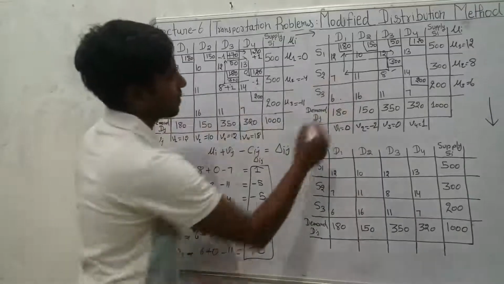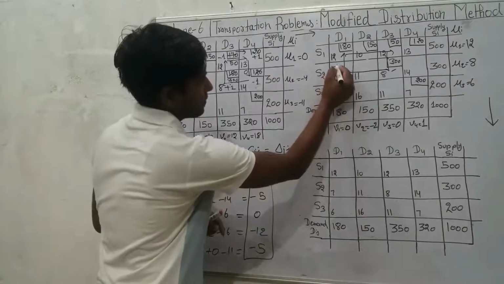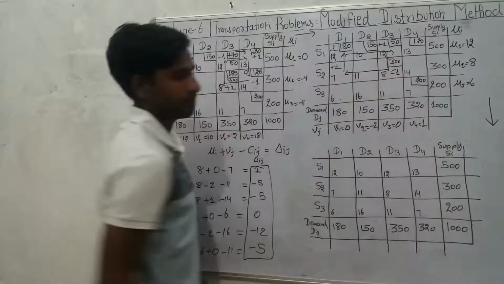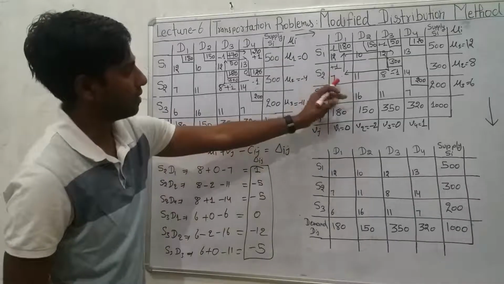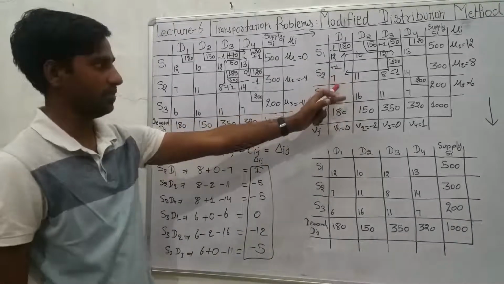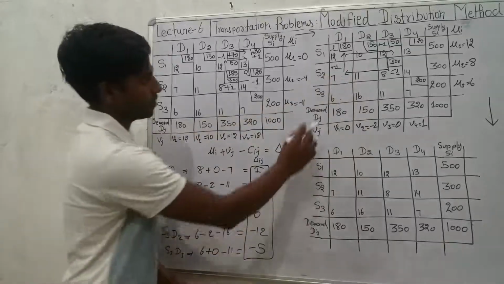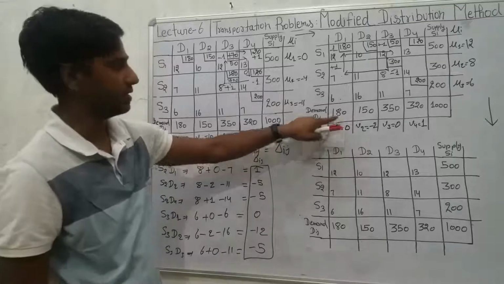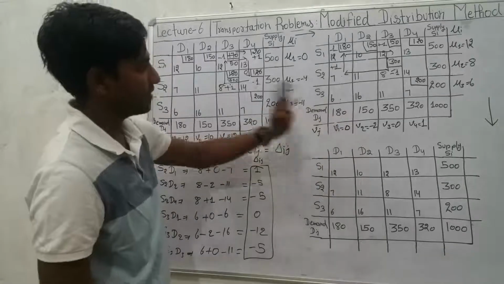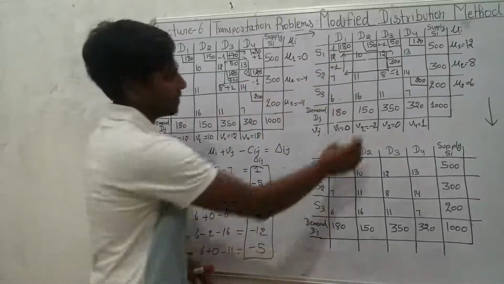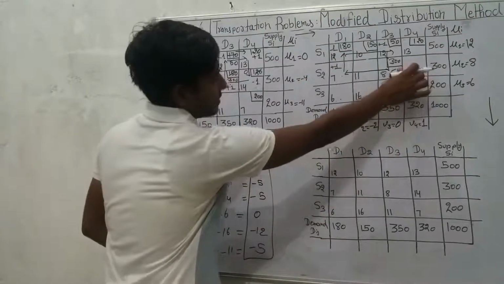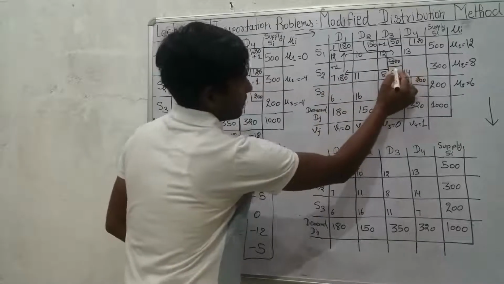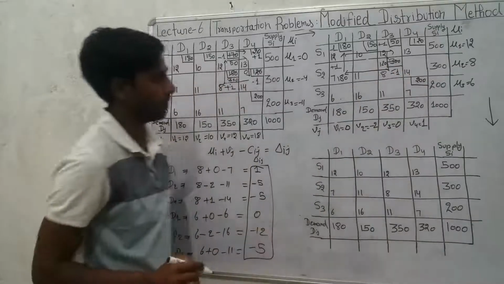The starting point is this one, so put +1, -1 here, +1 here, and -1 here. We are going to utilize the maximum potential possible from this route. So what is the maximum potential? Look at the demand of D1. Demand is 180 units, so from any source we can transfer at most 180 units. We transfer 180 units from this cell to this one, so the remaining units here would be 120.